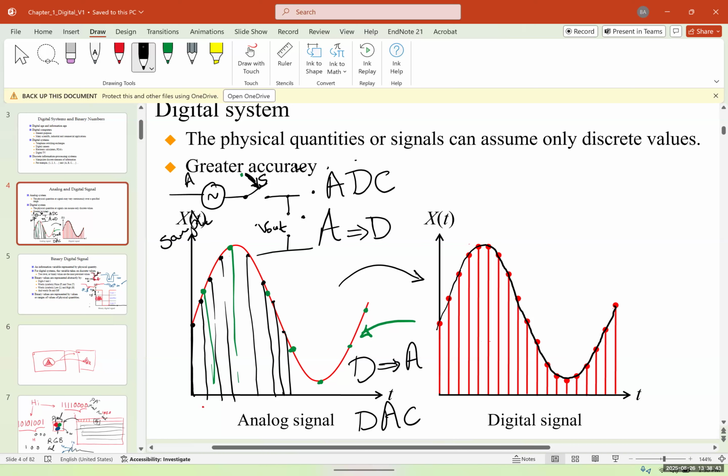Now, the way that we convert a digital signal to an analog one, there are dozens of ways to do it. But one way to do it is with a simple, what we call an envelope detector, okay? An envelope detector is basically like a capacitor.